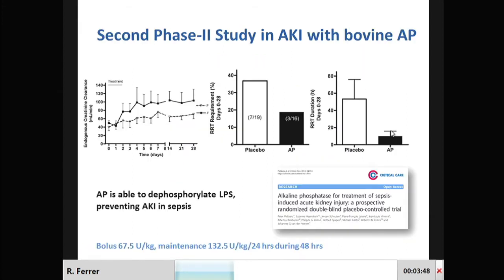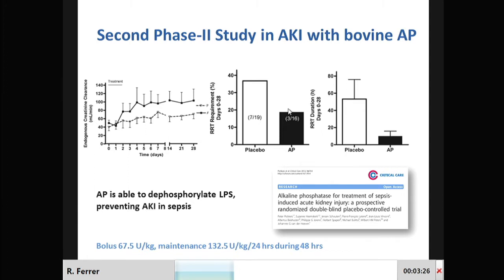In fact, this can be prevented by administering, in this phase 2 study, bovine alkaline phosphatase. Alkaline phosphatase is able to dephosphorylate endotoxin, so it's less efficient in activating the inflammation in the kidney, and in this study, acute kidney injury could be prevented using alkaline phosphatase.